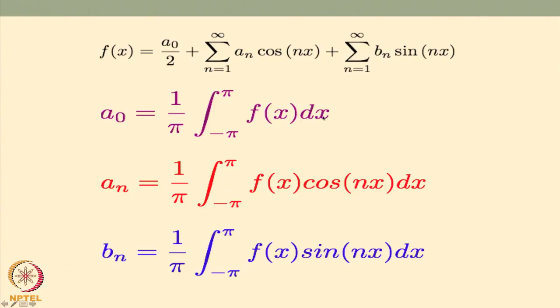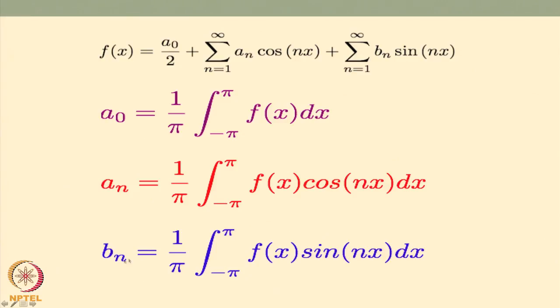Cos 0 is 1, so just the integral of f of x will give me a0. If I want a1, I would take f of x, multiply with cos 1x and integrate. If I want a3, I would multiply with cos 3x and integrate. The integral is from minus pi to pi, divided appropriately. This is the typical definition.